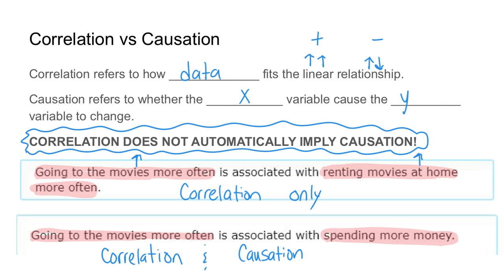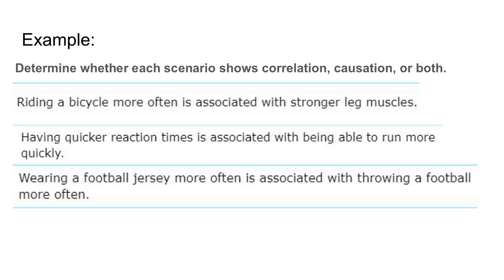Okay. So looking at some examples of this. A says, riding a bicycle more often is associated with stronger leg muscles. So it tells us that the more you ride a bike, the stronger your leg muscles are. That's correlation. As one goes up, the other's going up.